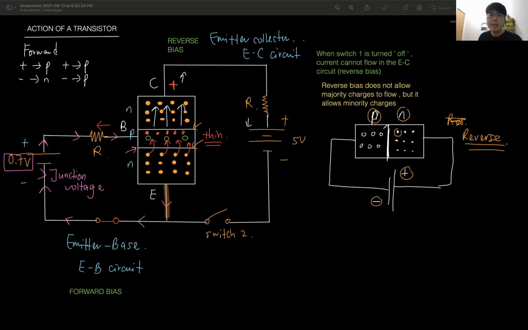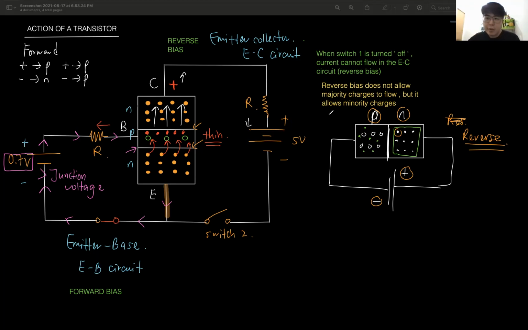So what happened to the electrons on the other side here? Here also got electrons. It doesn't mean that electrons are all at this side. It's just that the majority is on this side. The electrons on the left side, they are the minority, so we call it minority charge carrier. The majority is over here, this N-type.